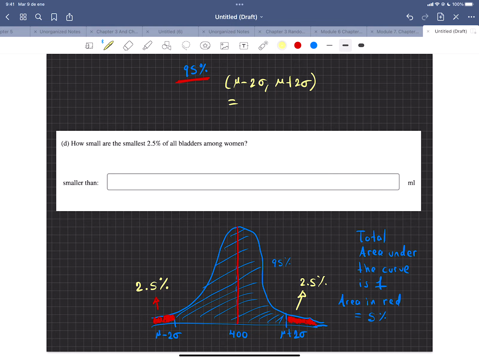So it's going to be 400 minus 2 times 75, comma, 400 plus 2 times 75. So it's going to be 400 minus 150, comma, 400 plus 150. And it becomes 250, comma, 550. There you have.